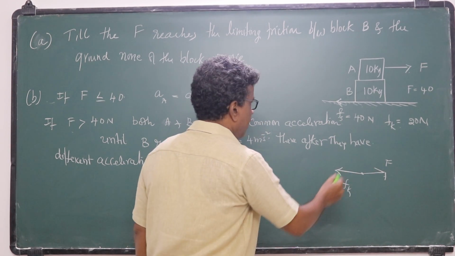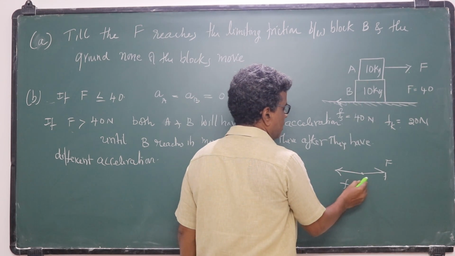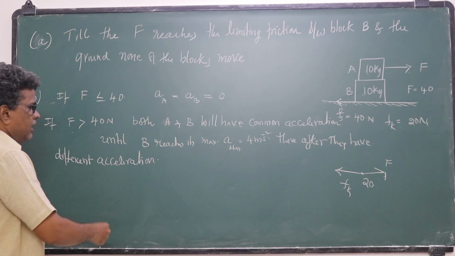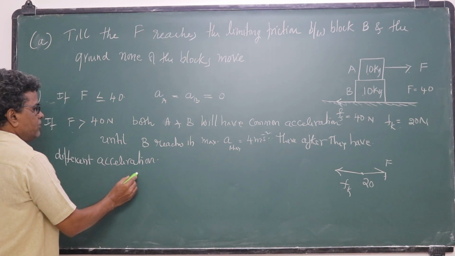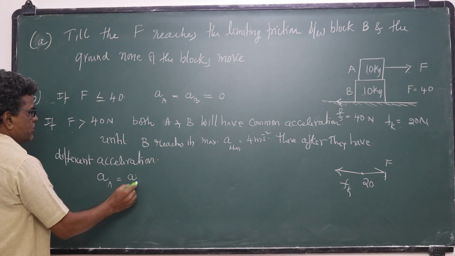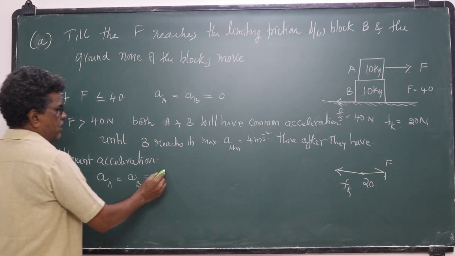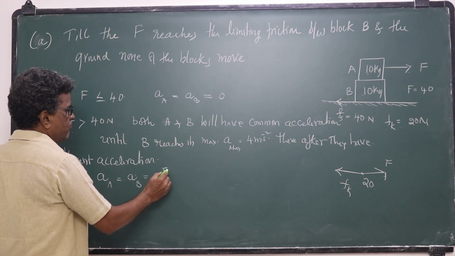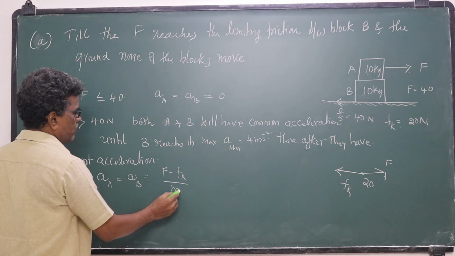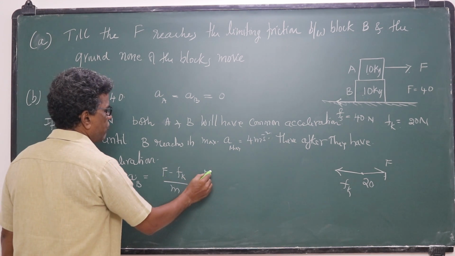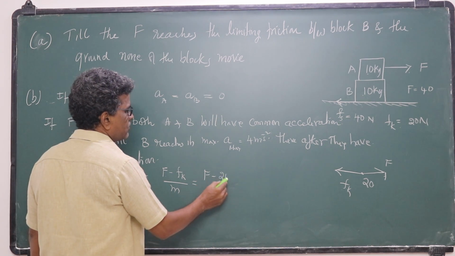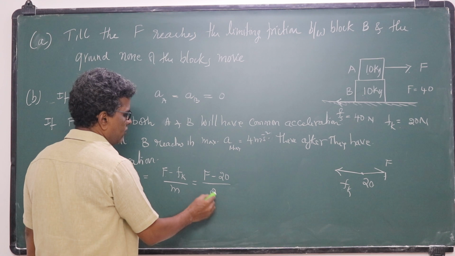You take the total mass together as 20. Then the common acceleration, acceleration of A equals acceleration of B, is from Newton's second law (F minus Fk) by total mass. Fk is 20 newtons, and the mass is 20.